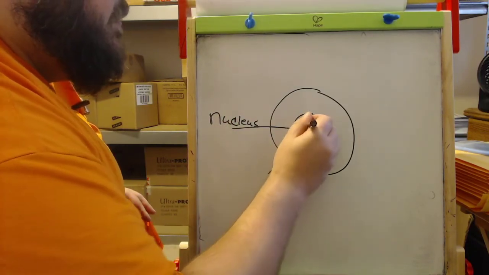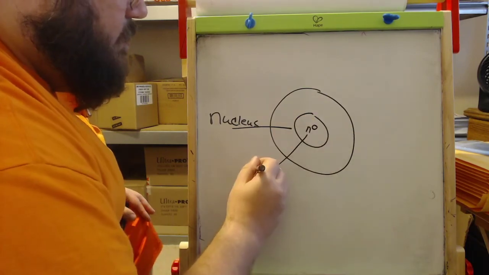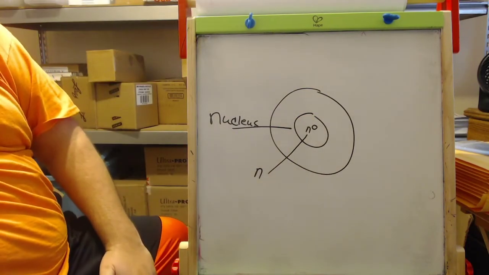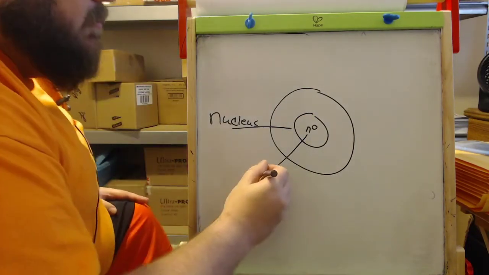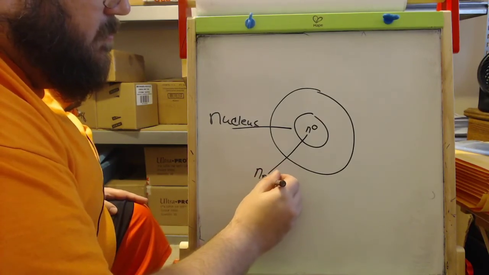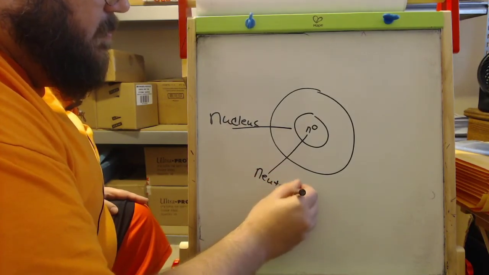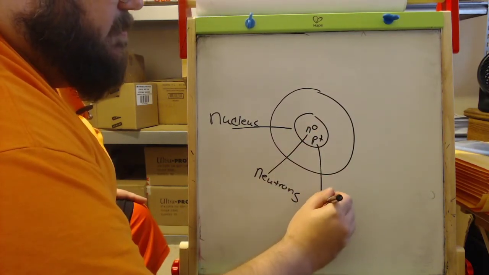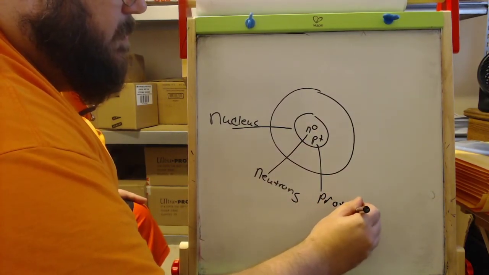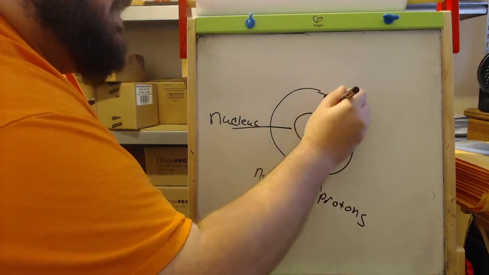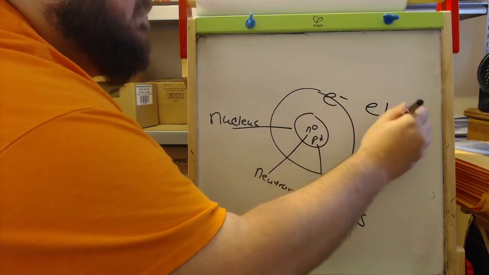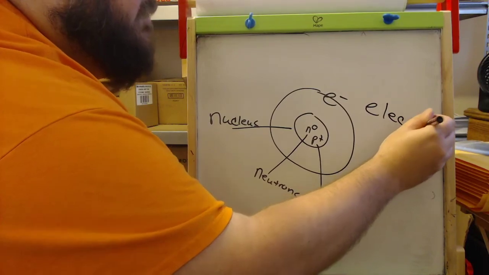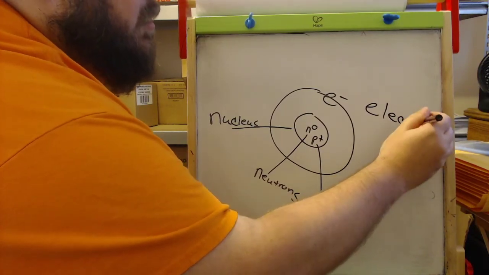Inside the nucleus are neutral charged neutrons. Positive charged protons. And on the outside are negatively charged electrons.